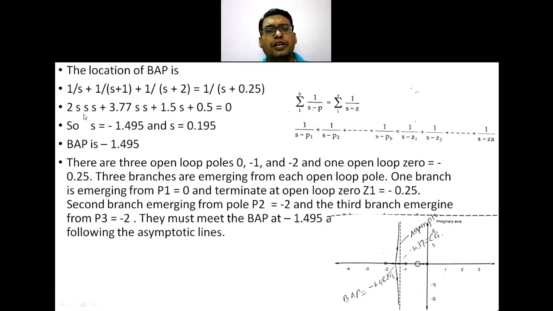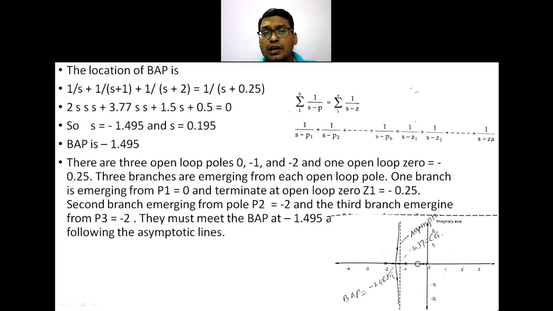After simplification, you will get 2s cube plus 3.77 s square plus 1.5 s plus 0.5 equal to 0. After simplification, you will get the value of s equal to minus 1.495 and s equal to 0.195. The other values are of no use. So the breakaway point in this numerical comes as minus 1.495.